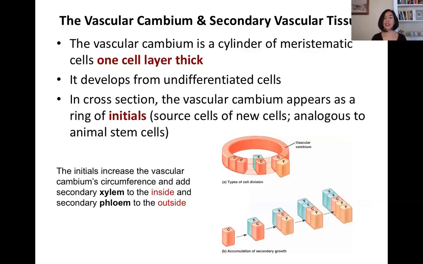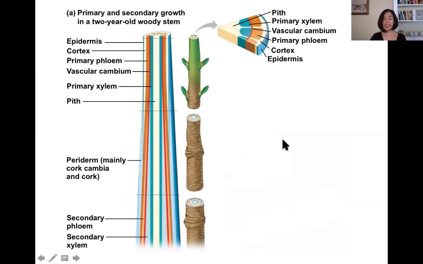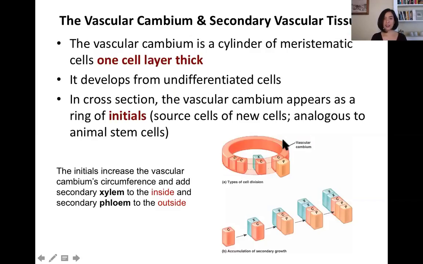This is a representation of how the vascular cambium works. In orange, we have the vascular cambium. And this vascular cambium is going to have initials, or cells called initials, that are going to be dividing. And the division of this vascular cambium is going to be producing phloem towards the outside and xylem towards the inside.